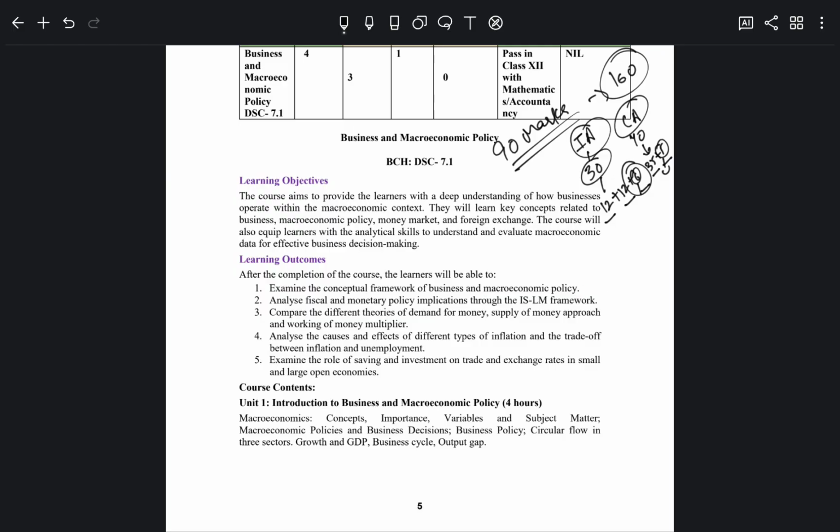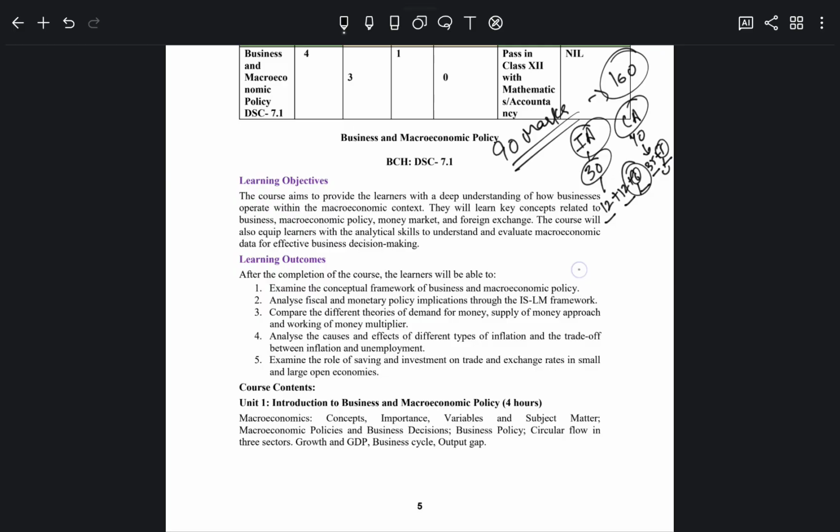You will analyze fiscal and monetary policy implications through the ISLM framework. You will be able to compare different theories of demand for money, supply of money approaches, and the working of the money multiplier in the economy. You will analyze causes and effects of different types of inflation and the trade-off between inflation and unemployment. And you will examine the role of saving and investment on trade and exchange rates in small and large open economies.